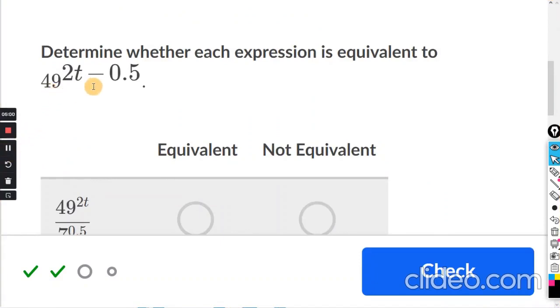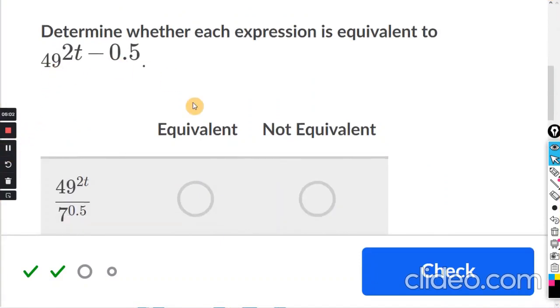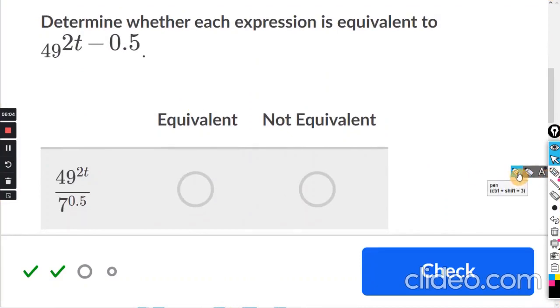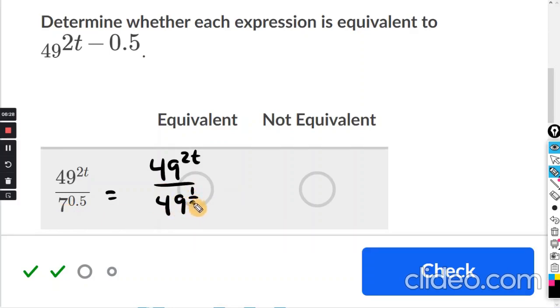Okay, 49 to the power of 2t minus 0.5. Let's take a look. In the numerator, we have 49 to the 2t. And in the denominator, 7 is the same as radical 49, which is the same as 49 to the 1/2. And this 0.5 is also 1/2, so those are multiplied.